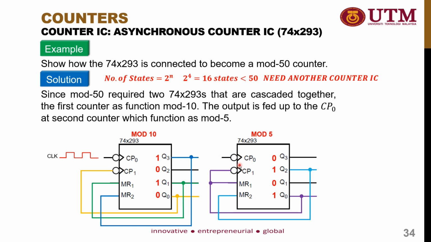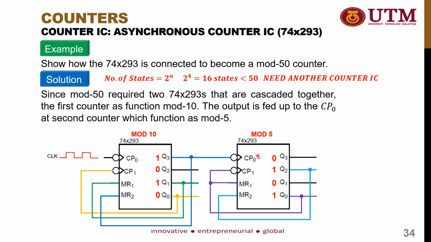If you want to connect the two 74X293 ICs altogether to become a mode 50 counter, the input of CP0 must be connected to the MSB part of the output that comes from the previous counter, which is mode 10. In this counter, the MSB part of the output is Q3. So Q3 will be directly connected to the input clock of CP0.